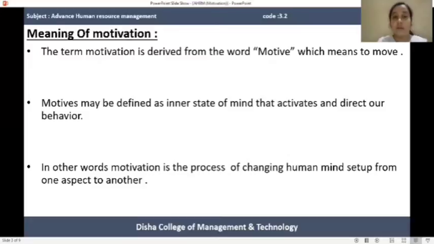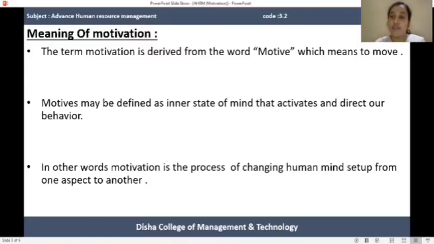The term motivation is derived from the word motive. Motive means move. So what has to move? What movement takes place in case of motivation? In case of motivation, a person has to move from the present state of mind to the desired state of mind.